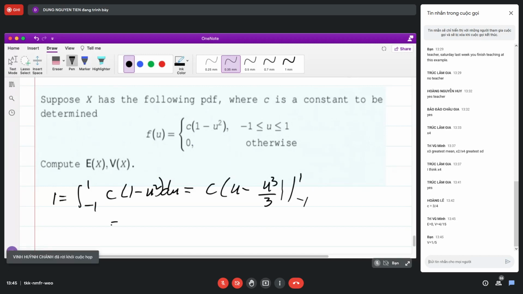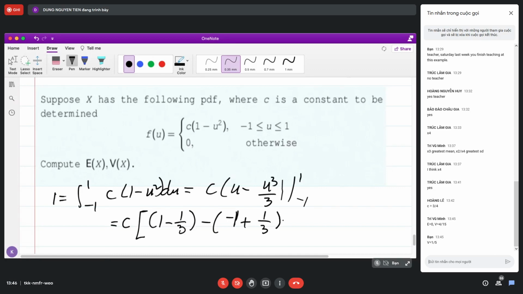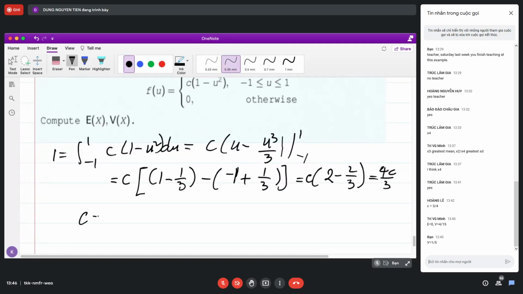And then you get c times, what's that? 1 minus 1/3 minus (-1 plus 1/3). Okay, so you get c times 2 minus 2/3, and the answer will be 6 minus 2, we get 4. So you get 4c over 3. Okay, so c is simply 3 over 4.